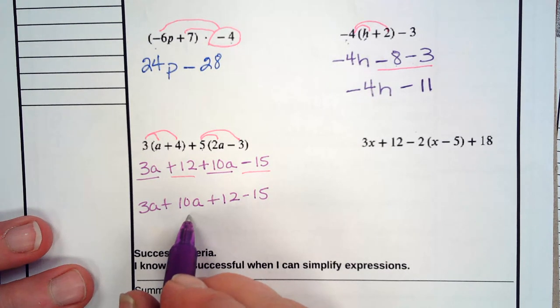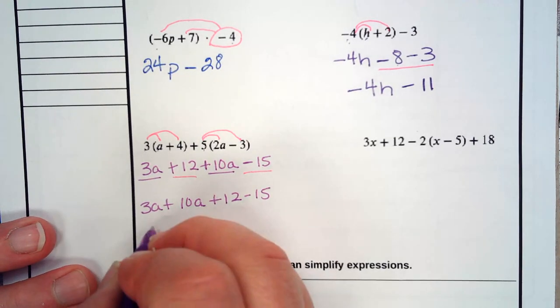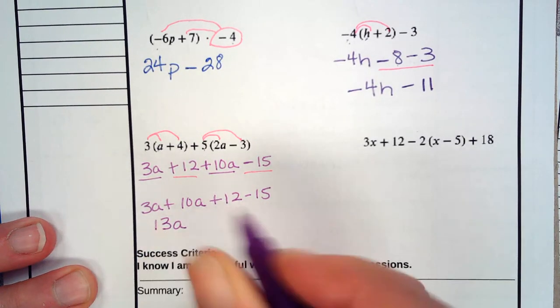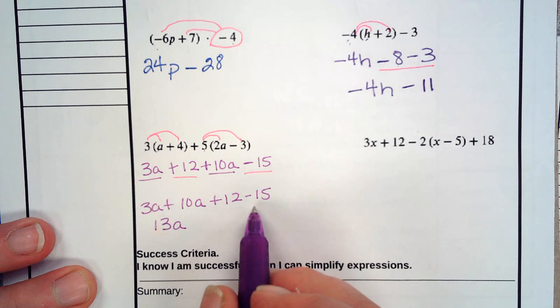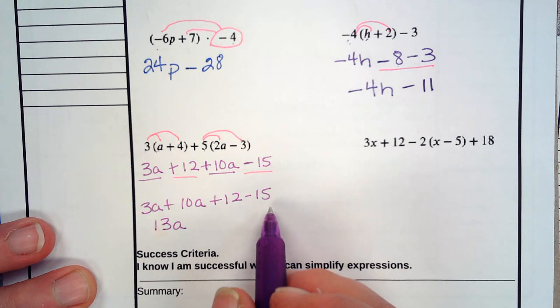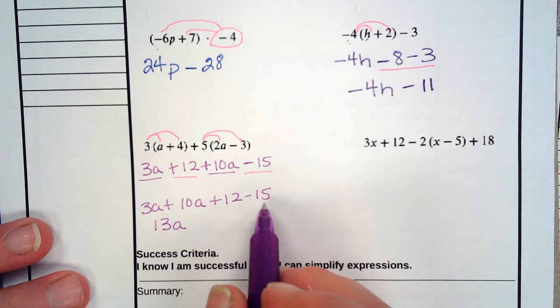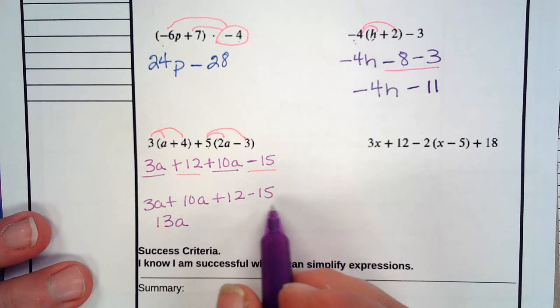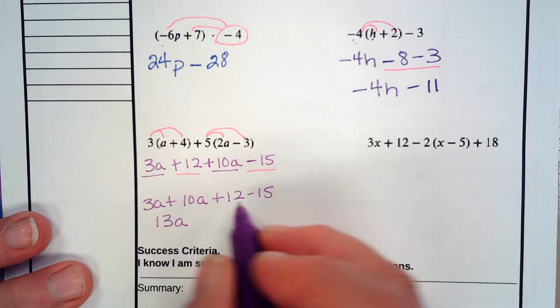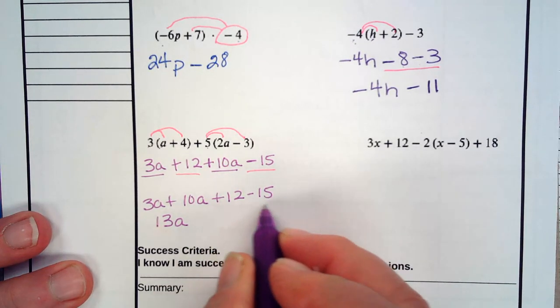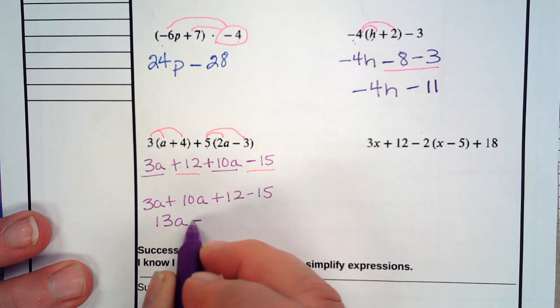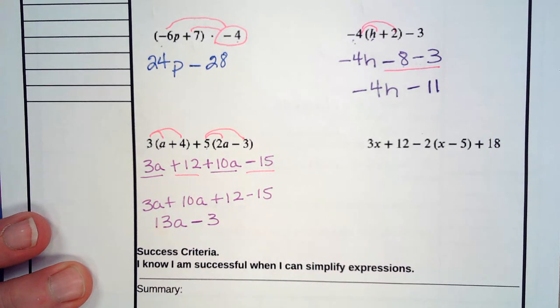I add 10 more A's. 3 plus 10 is 13. I've got positive 12 and I'm subtracting 15. So that means it's going to be a negative number because the 15 is greater than the 12, but I'll find their difference first. 15 minus 12 is 3. Keep the sign of the larger, which is negative, and we're done.